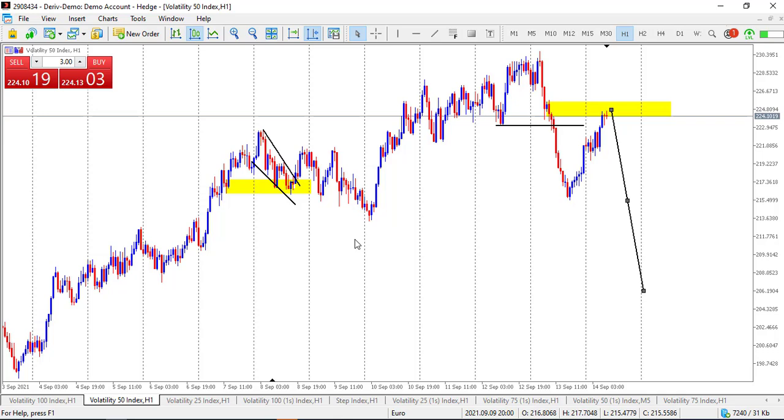So now we want to go to this particular stage where we are actually calculating the risk. I know we don't have a proper risk calculator from Deriv, so I'm going to tell you how to calculate this using the MT5 app.